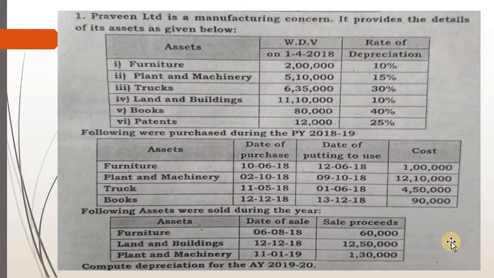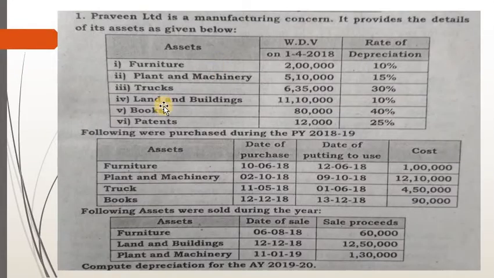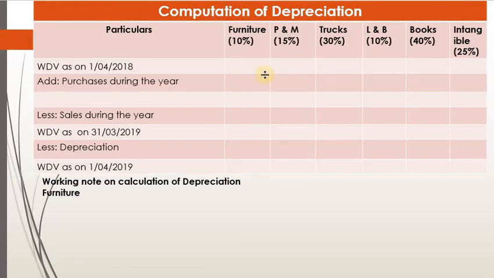So I have already written all these assets and also the format. Computation of depreciation, particulars: furniture, plant and machinery, trucks, then land and building, books and intangible asset. That is as per the information given in the problem. Now we have to write down the written down value of all these assets.